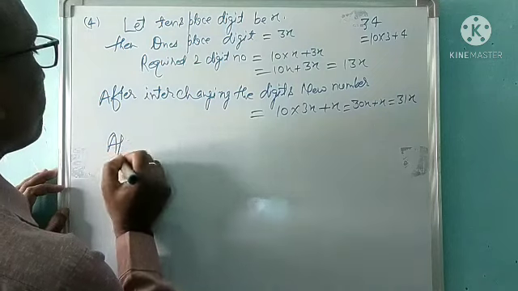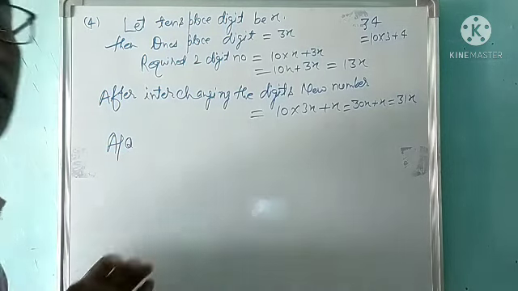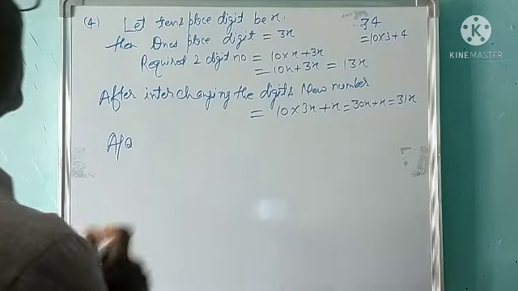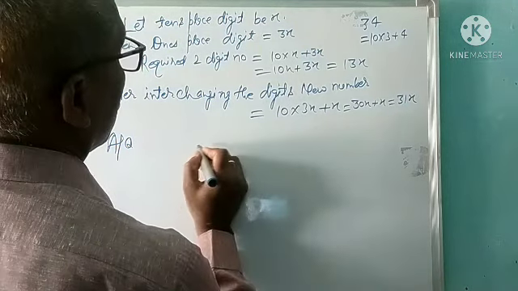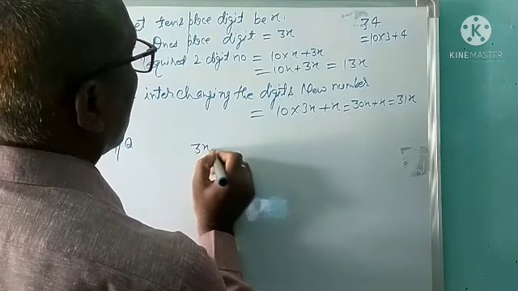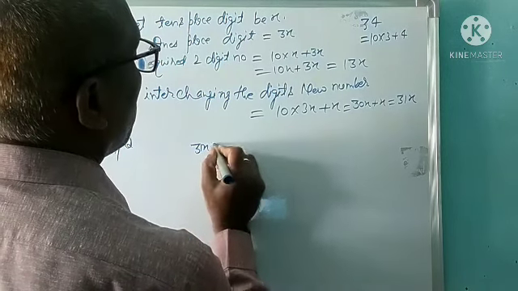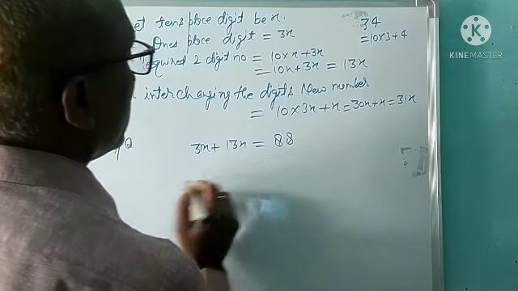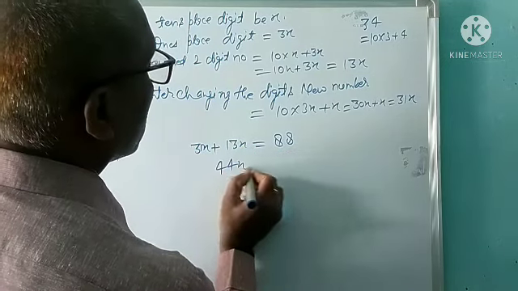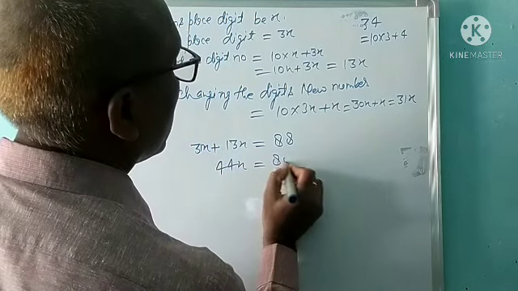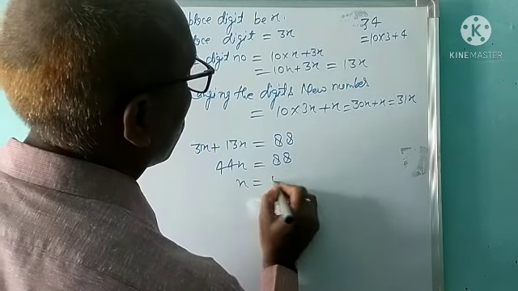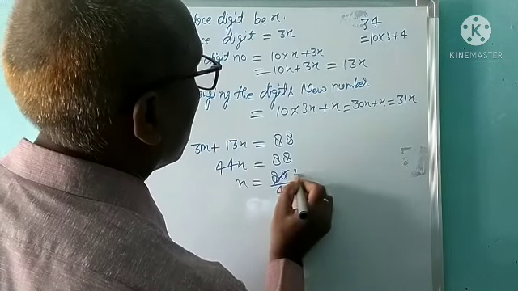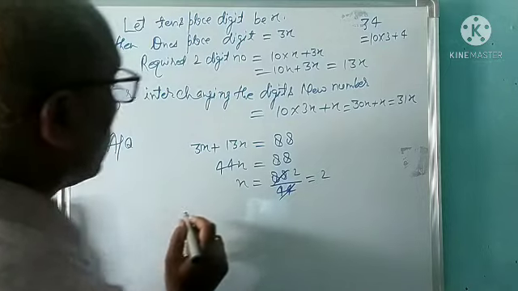According to question, when you add these two numbers, you get 88. This means 31x plus 13x is equal to 88. 44x is equal to 88. x is equal to 88 upon 44, that is 2.